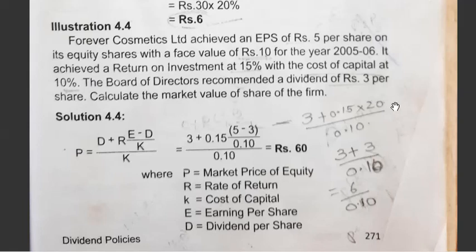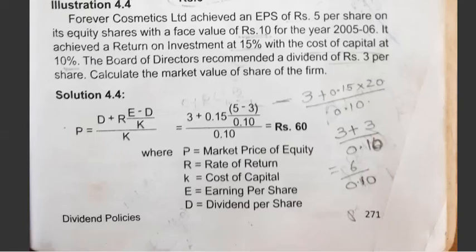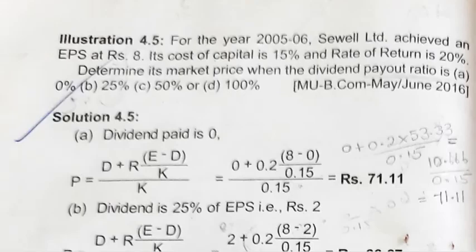After that, first you have to multiply, then add. Multiply this 0.15 into 20, you will get 3. So 3 plus 3, 6. 6 divided by 0.10, you will get 60. So this is the market price of the share. This is about Walter's model. Again, one more problem we'll go through. See here.